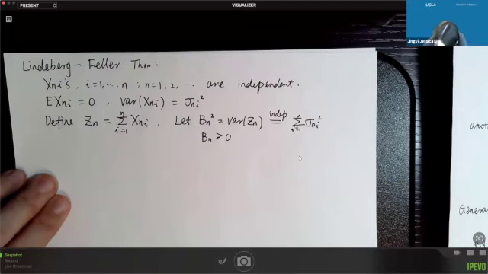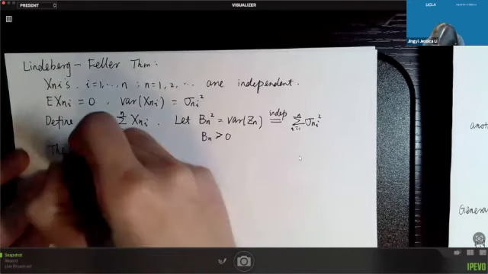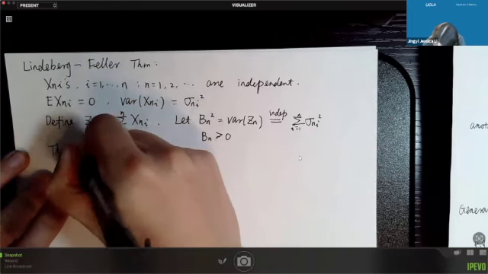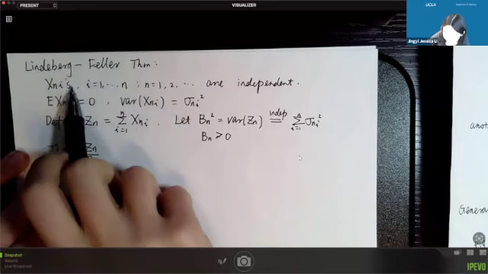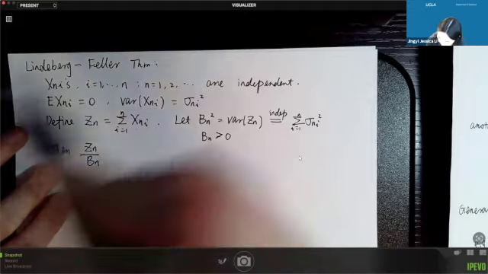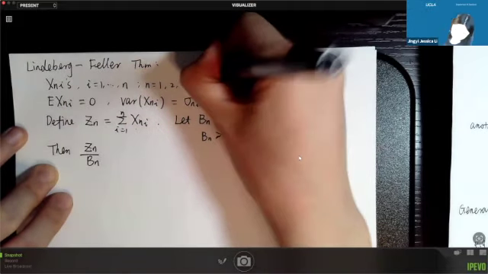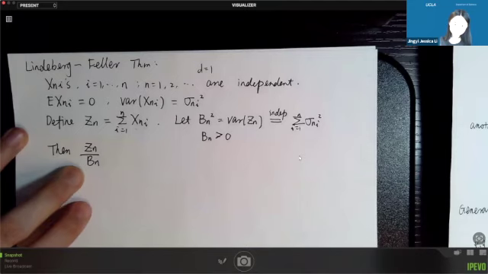And then the statement comes. The statement is that we have Zn divided by Bn, and here everything is one-dimensional. So for the Lindeberg-Feller theorem, we're giving you the one-dimensional result, d equals 1. Here, this ratio, Zn divided by its standard deviation.